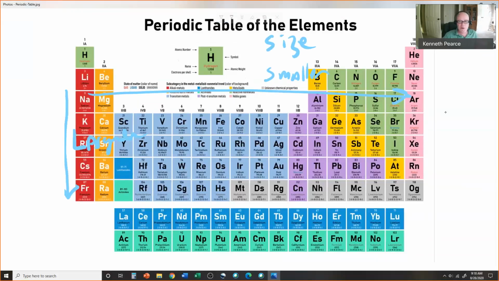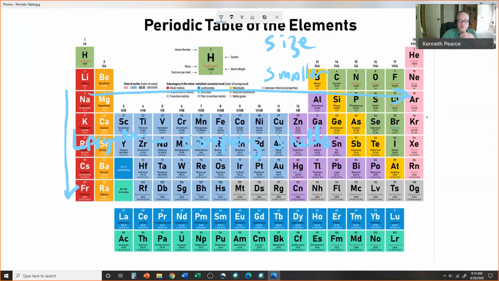And this is because of the increased number of protons attracting the electrons in as you go left to right. But as we go top to bottom, we are completing shells. And that's how it goes as far as the size. We go left to right, we get smaller. As we go top to bottom, we get larger.